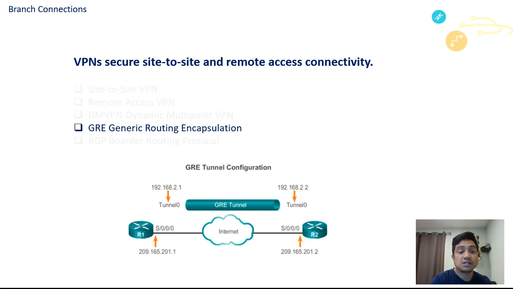In this case, we just need two routers and the IP addresses, and once we assign the IP addresses, the GRE tunnel configuration will do tunneling by using another IP address on each Ethernet interface on both routers.